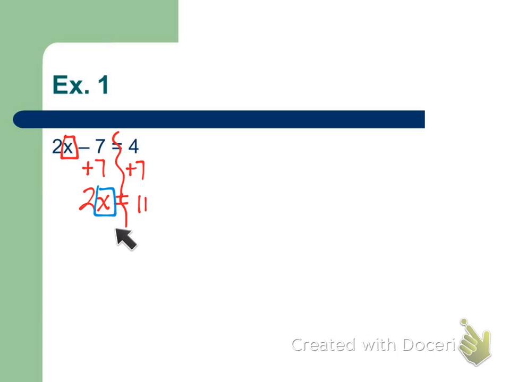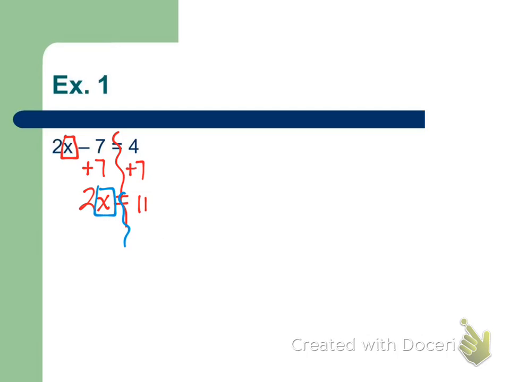Okay, so let's pretend that this is now our new problem. So I box in my x again, and I keep that line going down. If this is my new problem, what operation's going on between the 2 and the x, Jalen? Subtraction? There's not a subtraction sign in between there. Multiplication. How do we undo multiplication? By dividing.